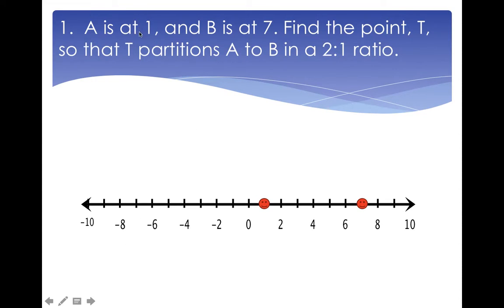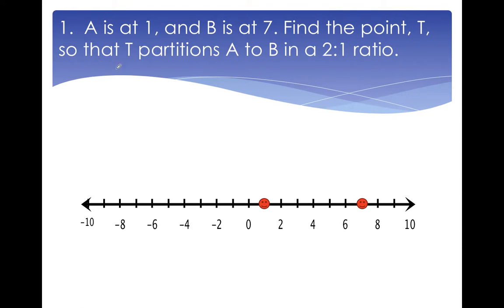If we look at this, it says A is at 1 and B is at 7. It says find the point T so that T partitions or cuts A to B in a 2-to-1 ratio. So let's label everything that we have.